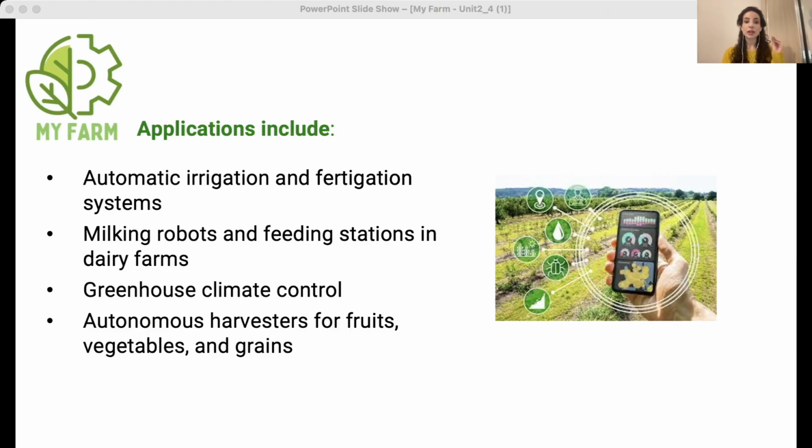In protected agriculture, climate-controlled greenhouses automatically manage temperature, humidity, and ventilation. And in field crops and horticulture, autonomous harvesters are increasingly used for fruits, vegetables, and grains, reducing dependence on manual labor.